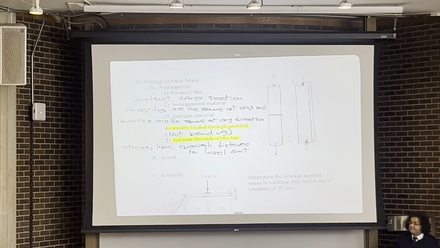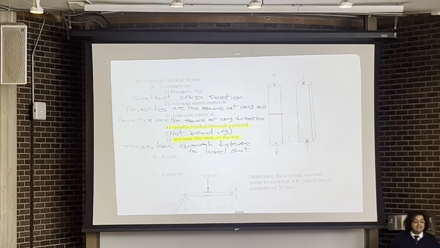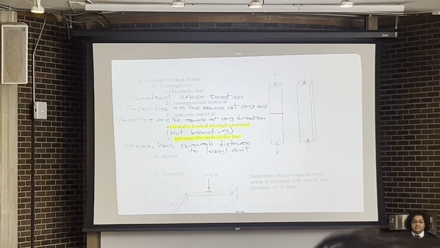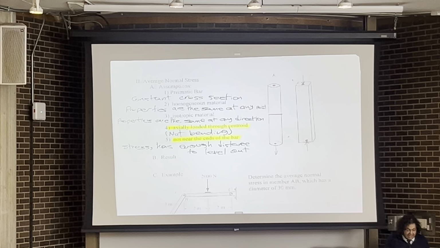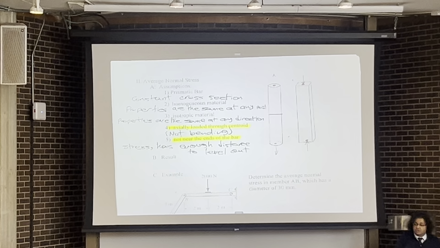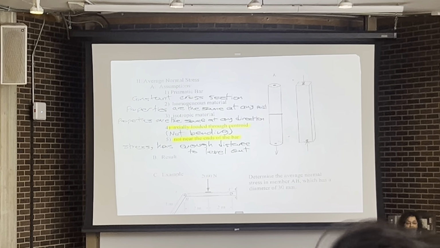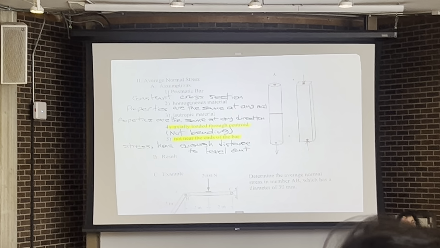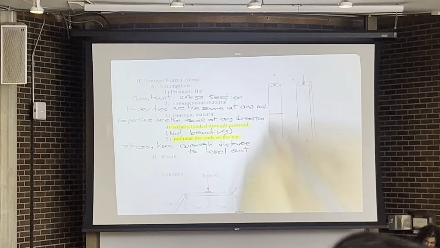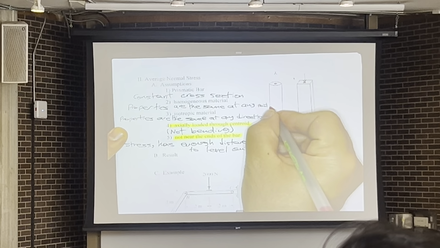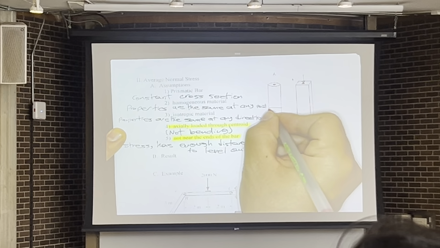So how about if we have a member that satisfies all these conditions? Then we can say at every cross section, at every section that is perpendicular to the line of axis of the member, that is perpendicular to the line of axis of the force, we're going to have a uniform distribution of stresses.